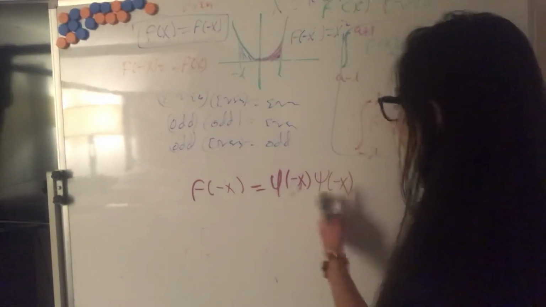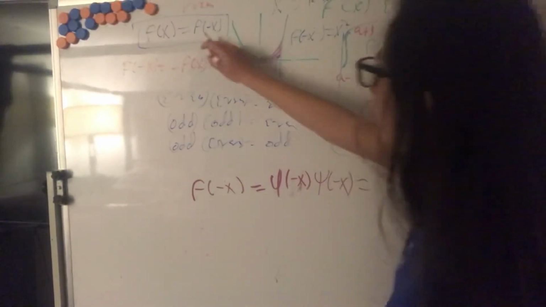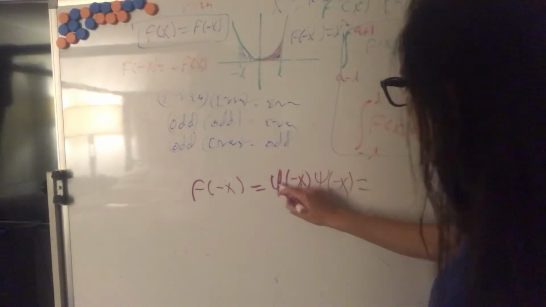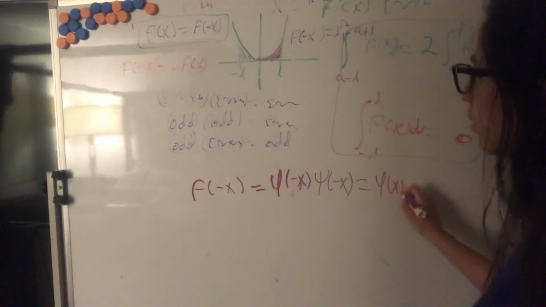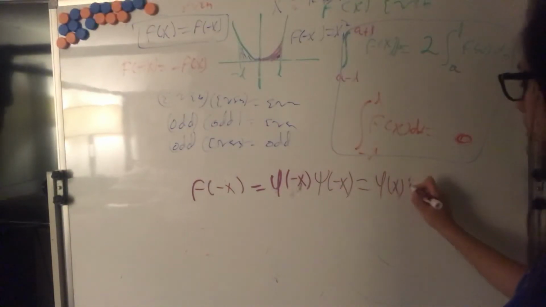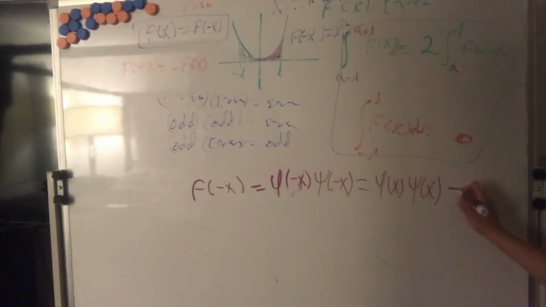Because each one of these is an even function, they follow this property, and so I can put this one as phi of x and this one as psi of x, and so this is just f of x.